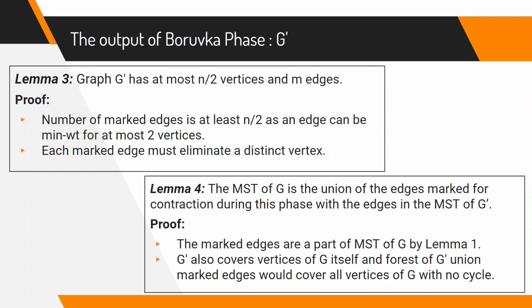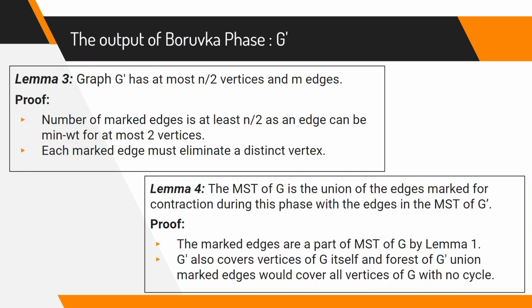So at a single moment, we will be removing at least a vertex. Each contracted edge can be the minimum incident edge on at most 2 vertices. The number of marked edges is thus at least n by 2. Since each vertex chooses exactly one edge to mark, it is easy to verify that each marked edge must eliminate a distinct vertex.